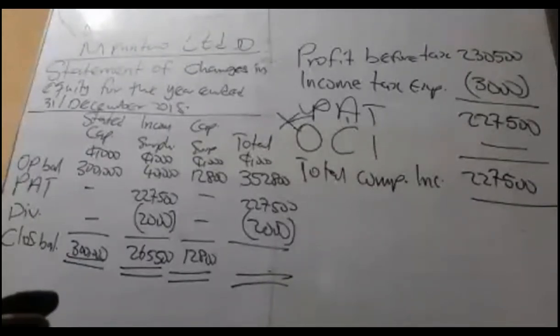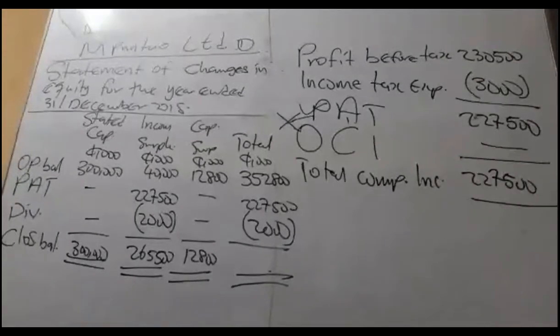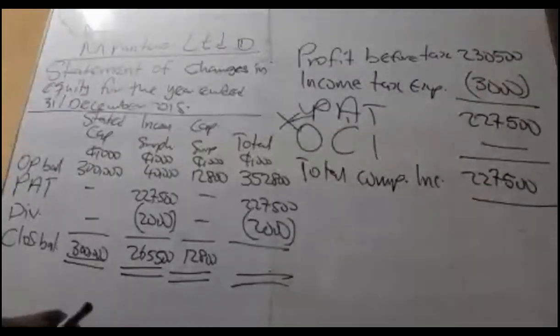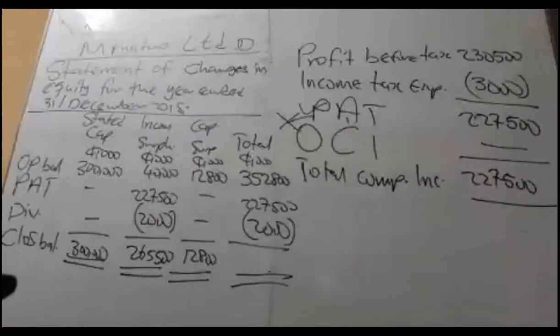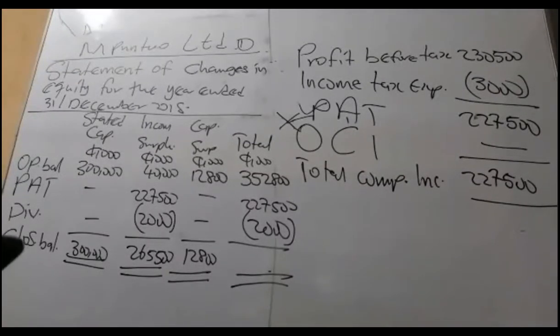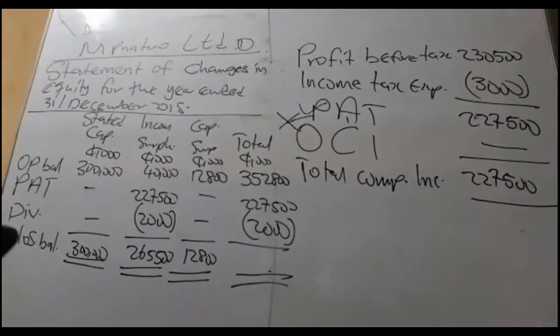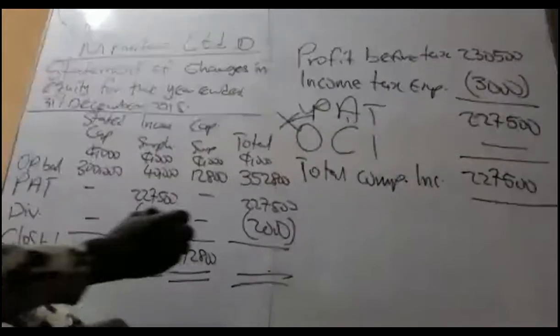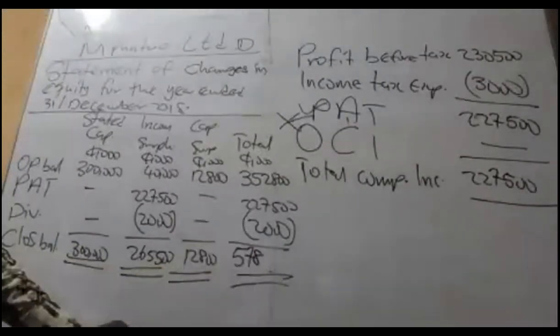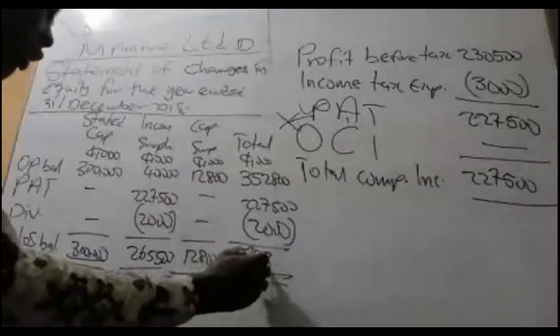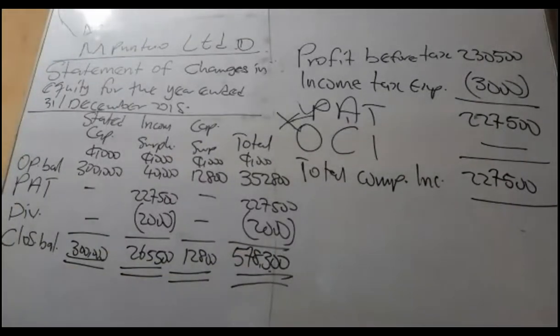So let's see. 352,800 plus 227,500, less 2,000. We get 578,300. Agreed. So 578,300. Good. So that's the total.